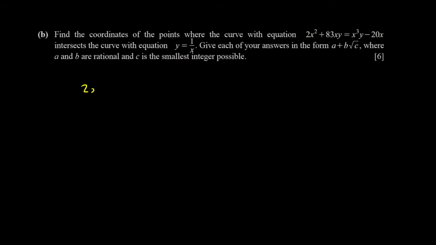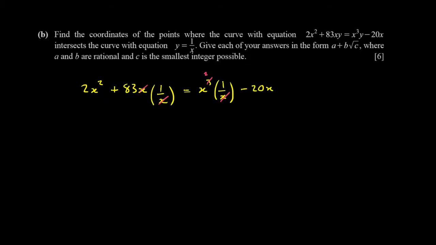We're going to get 2x squared plus 83x times by 1 upon x is equal to x cubed times by 1 upon x minus 20x. And this is going to simplify, isn't it? Because x divided by x just cancels out, and x cubed divided by x will give us an x squared there.